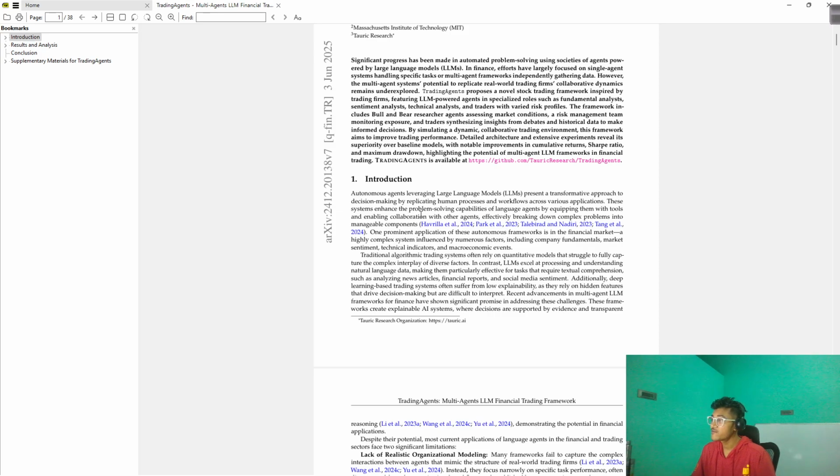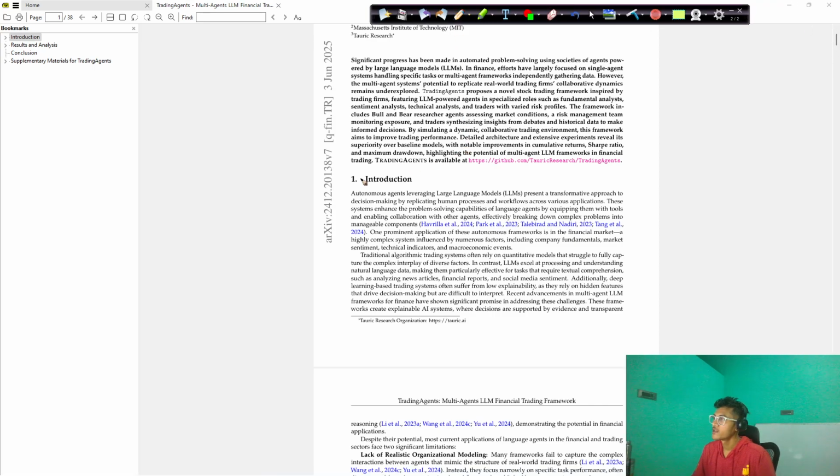So these systems enhance the problem solving capabilities of language agents, right? By equipping them with tools, enabling collaboration with other agents. So imagine, guys, how it is now is, see, suppose you have an agent here, okay, call it a trading agent, all right, main trading agent.